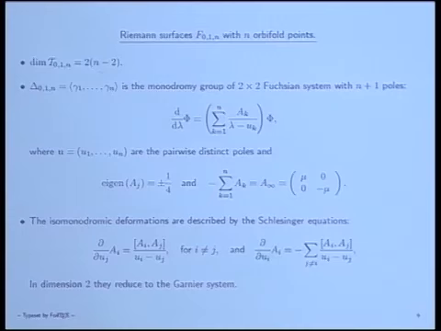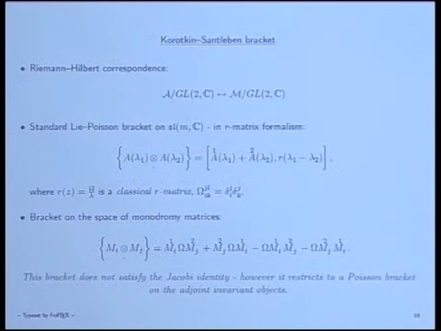Okay, so how to use this? This is a result by Korotkin and Samtleben. Then you can establish the so-called Riemann-Hilbert correspondence, which associates solutions of the Schlesinger equations to monodromy matrices.